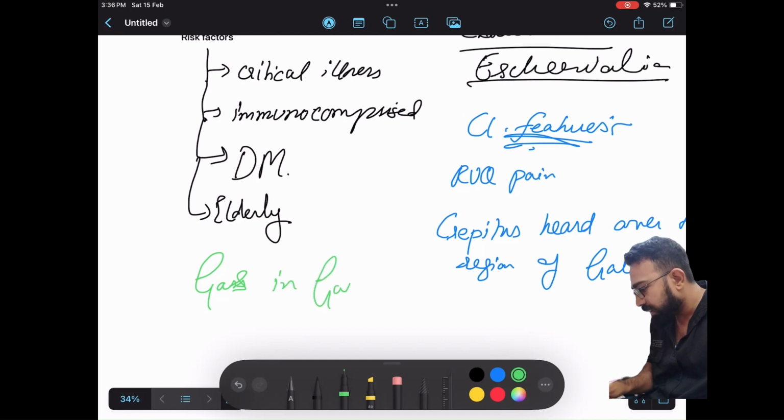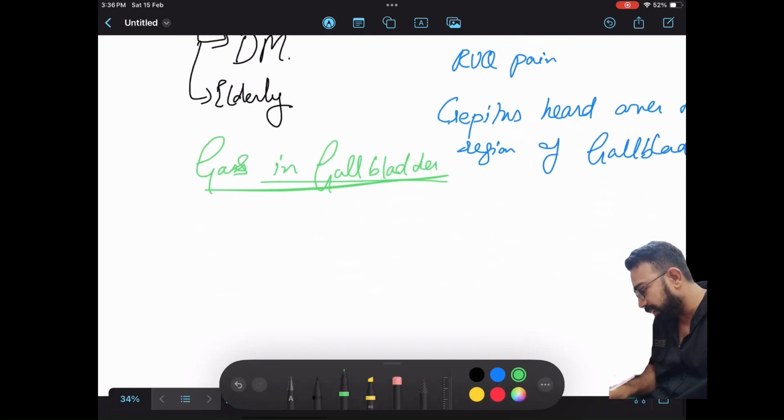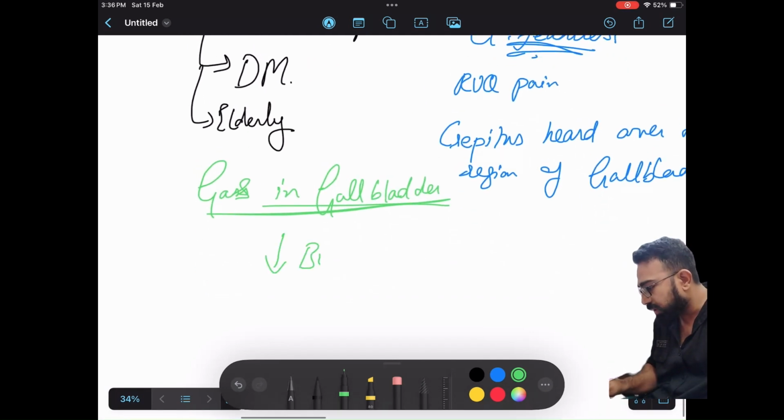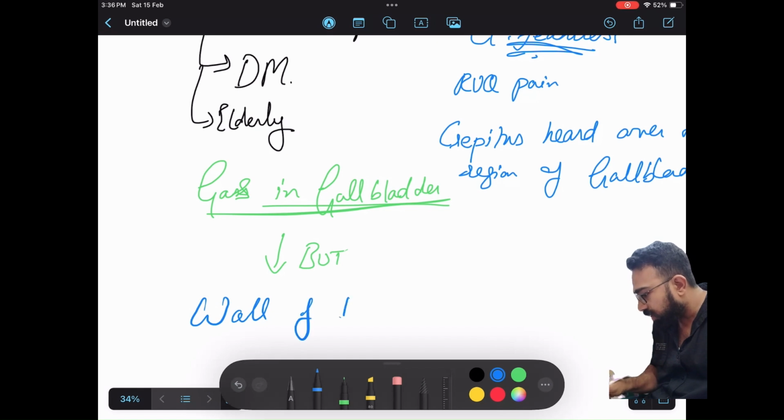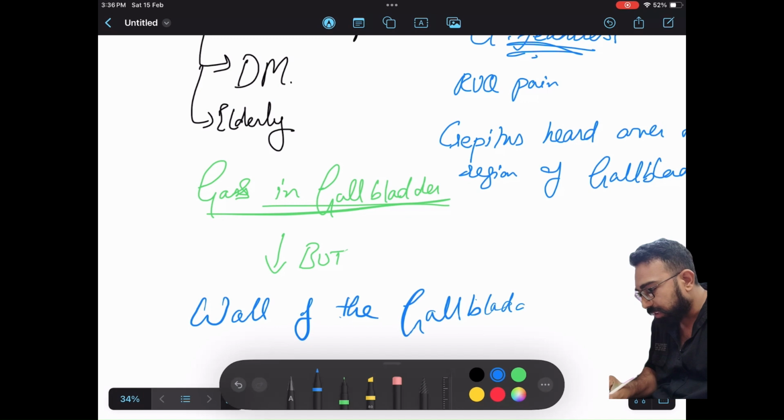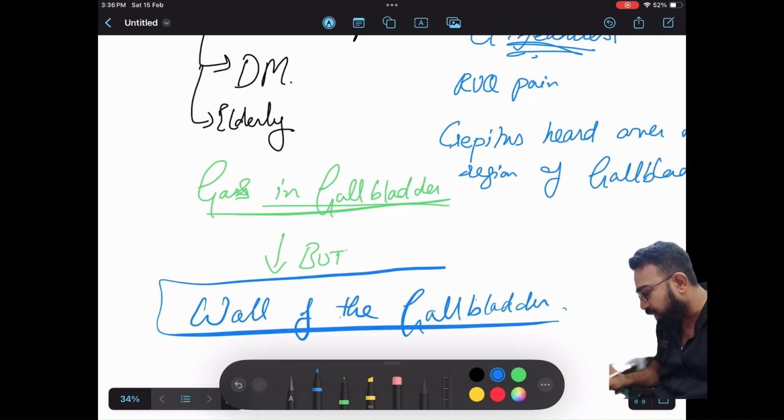Gas in the gallbladder. But there is a but here. What you need to know is that there won't just be gas in the gallbladder. There will be gas in the wall of the gallbladder as well.